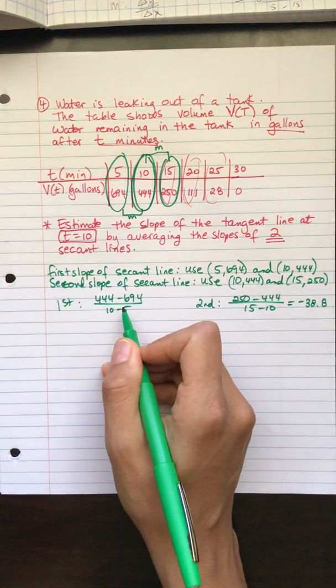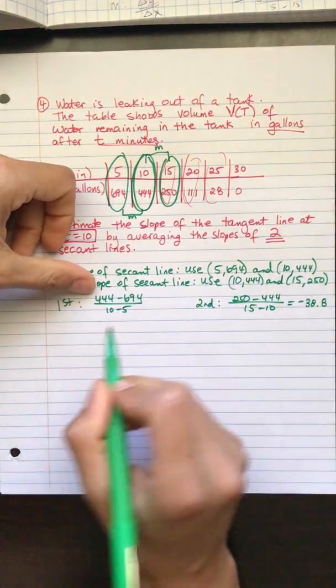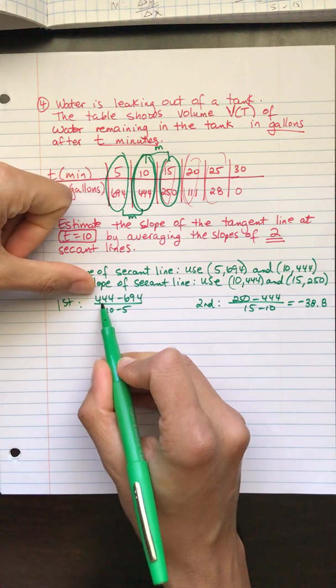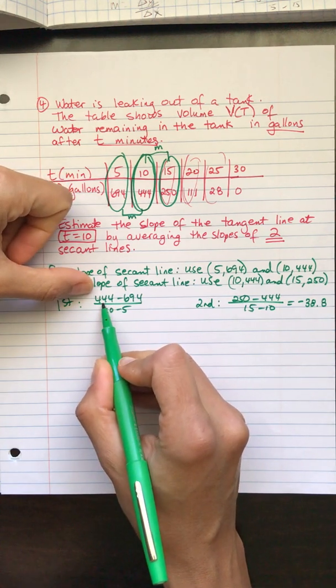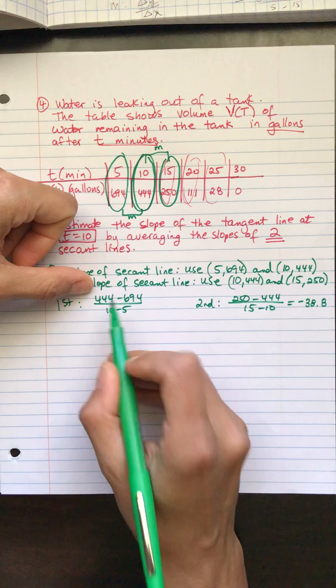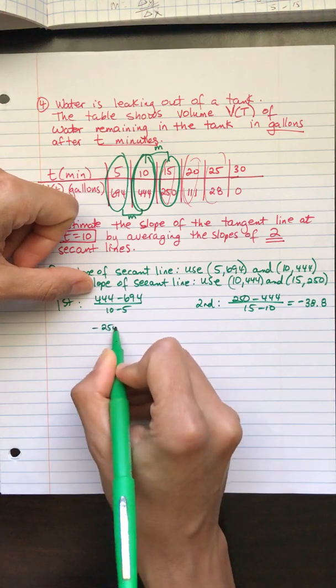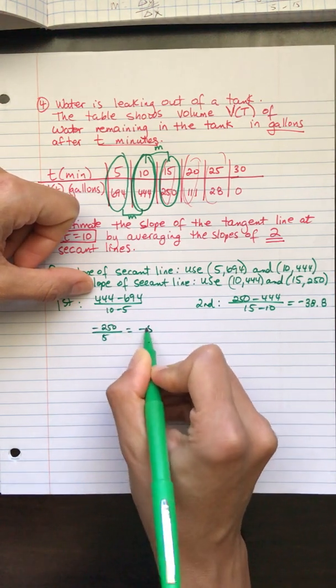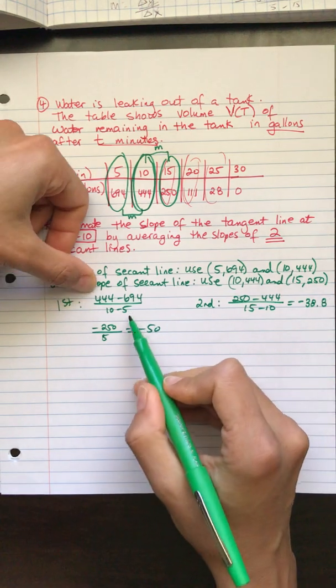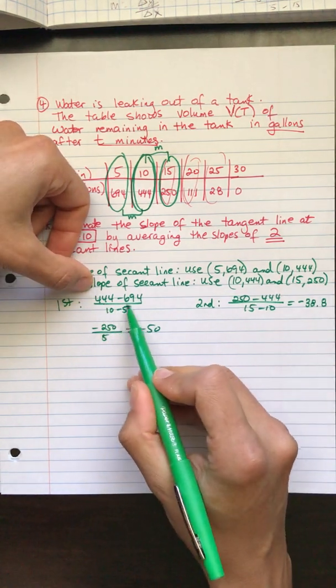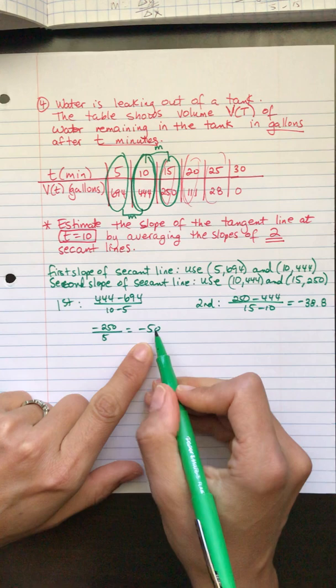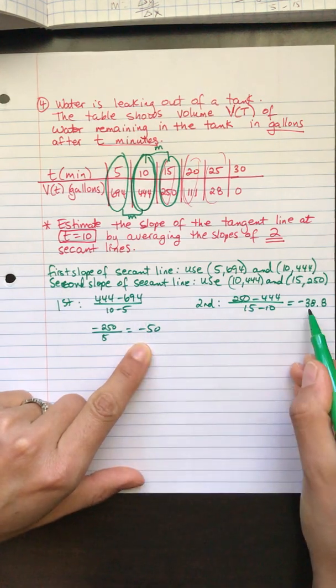That's okay. So it'll be what? 250 is the difference. Negative. Oh, can I do the math? Yes, negative 250 over 5, which is negative 50. Okay, so I get negative 50 for this slope, negative 38.8.